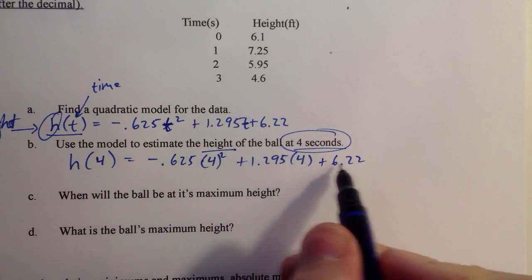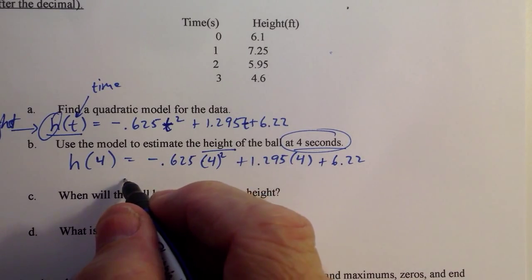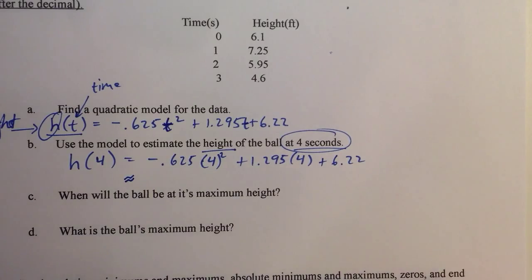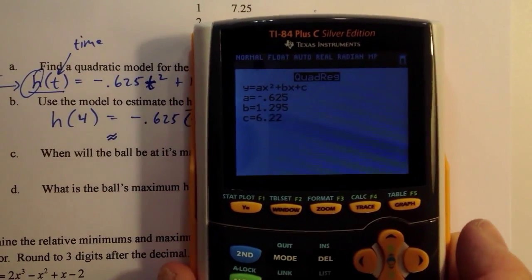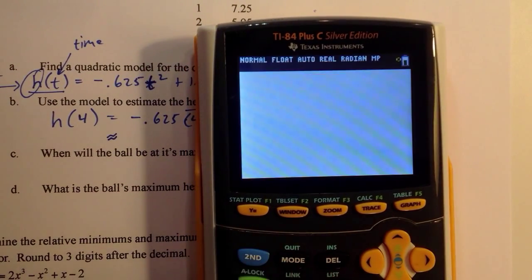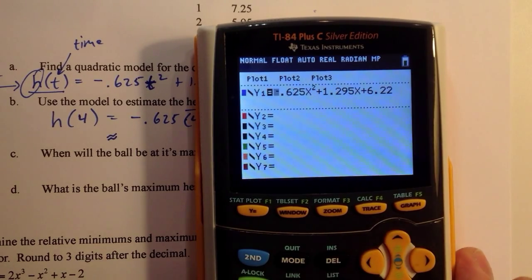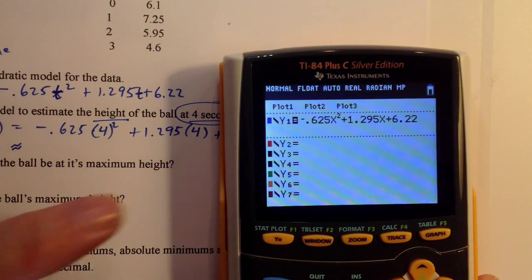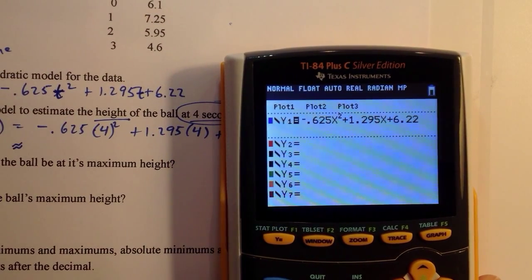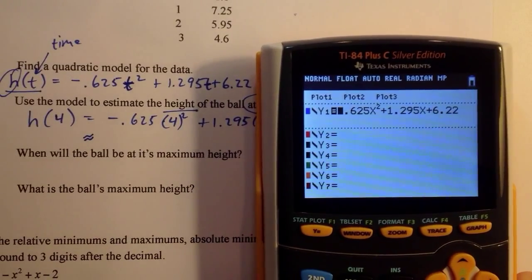Now, don't do anything by hand here. All you have to do is this, approximately equal to. Now, we go here, and let's make sure our Y1 is what it's supposed to be. So our Y1 is our height, and the X on our calculator represents T, time, in our problem.